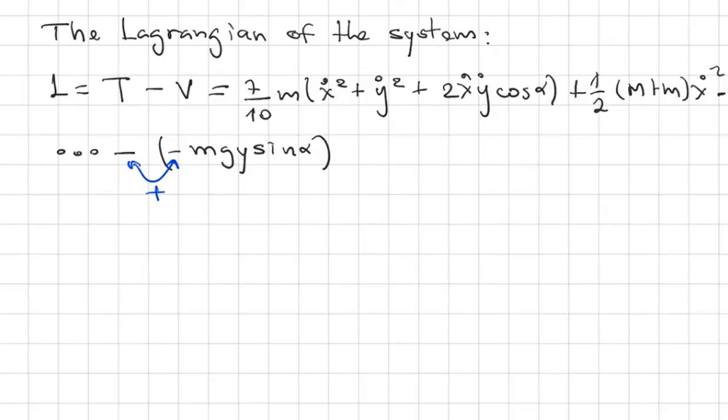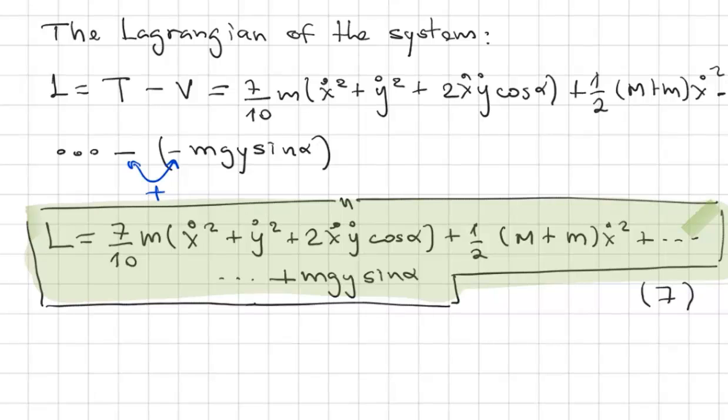Then the Lagrangian of the system is going to be the following equation. What I did is to rewrite the equation of the Lagrangian, taking into consideration that minus and minus is plus.